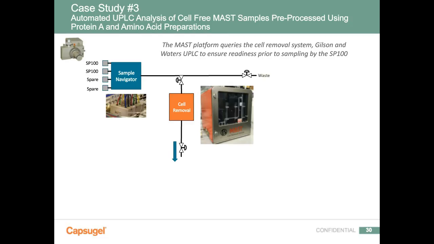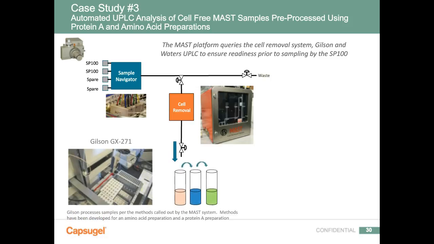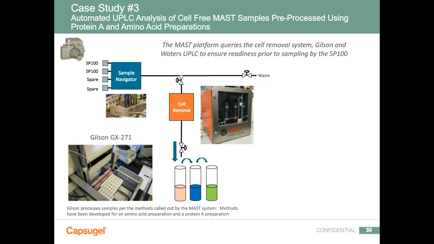So the cells are removed from the sample and then put into our Gilson liquid handler. We partner with Gilson, and they've been a very good partner for us and very helpful. We've been able to do lots of different types of processing. In this particular example, we did a protein A preparation or an amino acid preparation of samples.